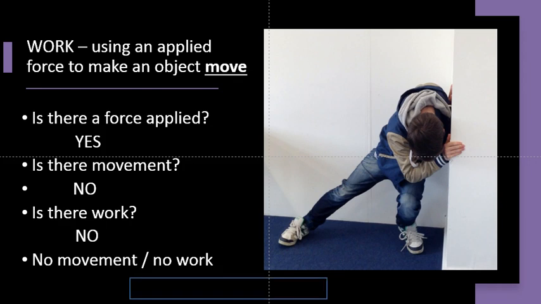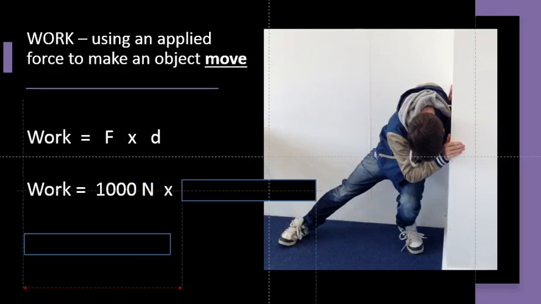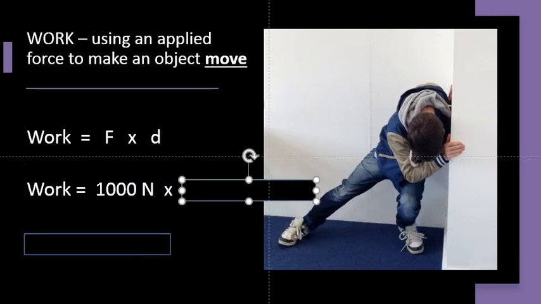As always, there is a calculation, a formula associated with it. Work equals force times distance. So let's say the boy is pushing with 1,000 newtons of force. He's really putting forth a strong force.